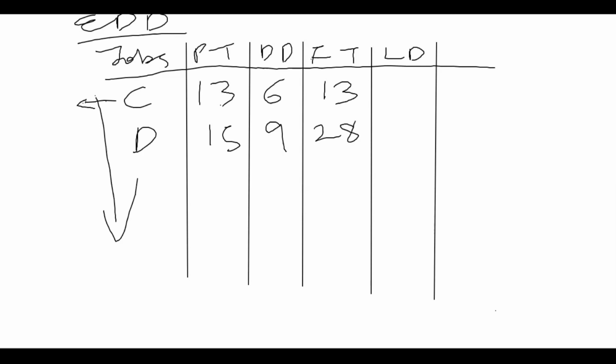Your late days would be the flow time minus the due date. 13 minus 6 would give you 7. 28 minus 9 would give you 19. This is embarrassing, but that is basically how you do it for your earliest due date.